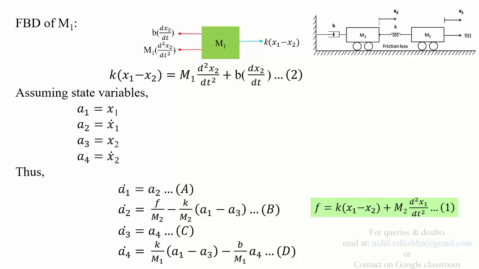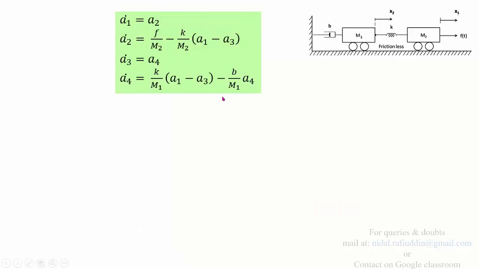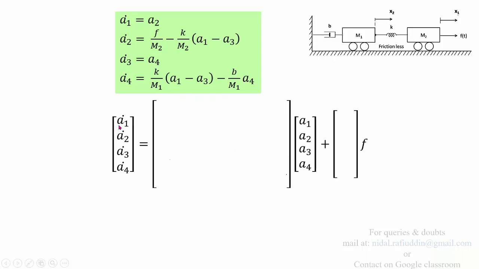Using the equations that we just obtained, we are going to populate the matrix A. So we have written the state change x dot. This becomes the matrix A. This is x. This is matrix B, and this is input U. Input is nothing but the force which is applied to mass M2.